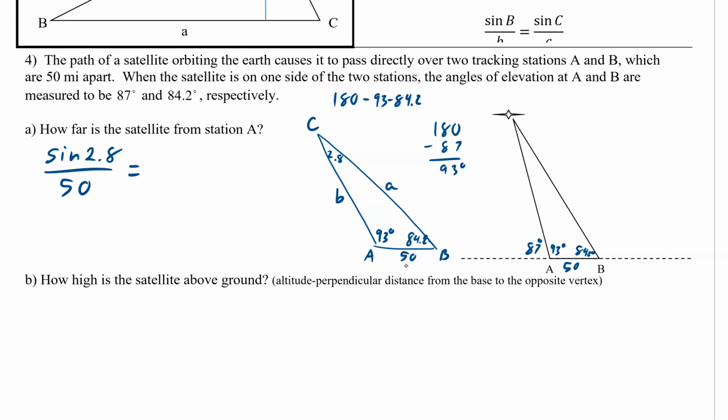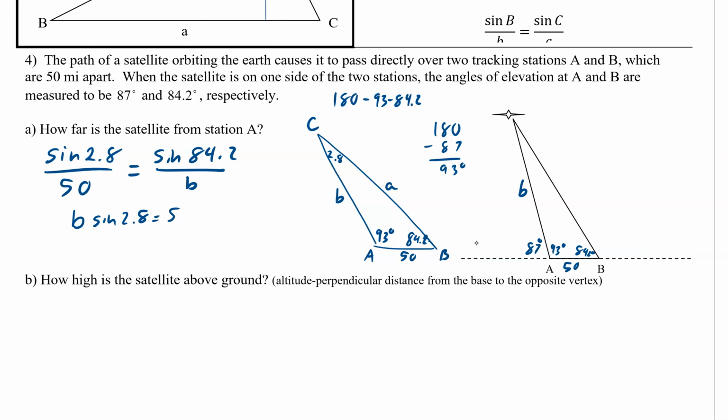It says how far is the satellite from station A. So to go from C to A would be our distance. So what we are looking for is b. So we will do sine of 84.2 over b. And there we go. So again, b goes over here, and so it's b sine of 2.8.